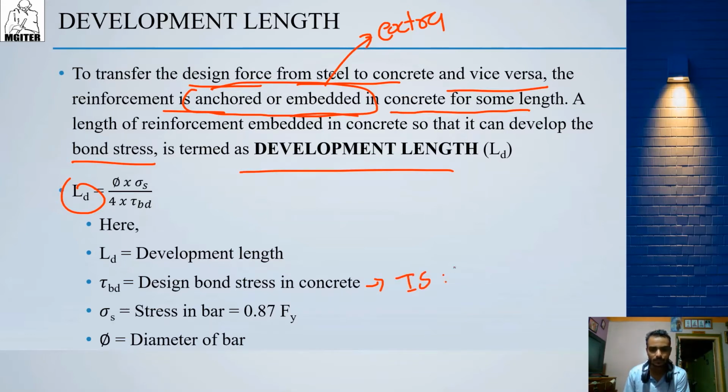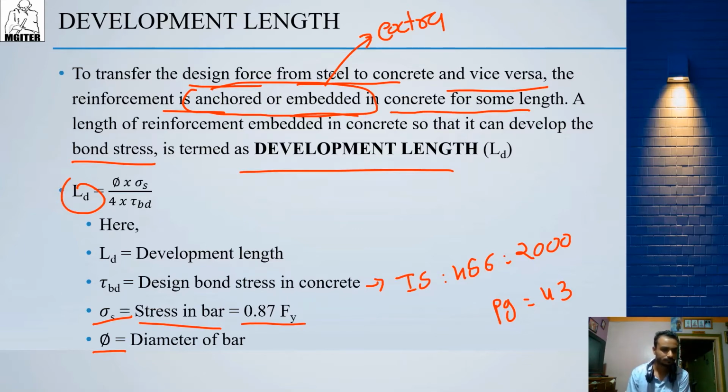By IS code 456-2000, page number 43. Sigma s can be found by 0.87 Fy. What is sigma s? Sigma s is the stress in bar. And last one, phi is the diameter of bar.